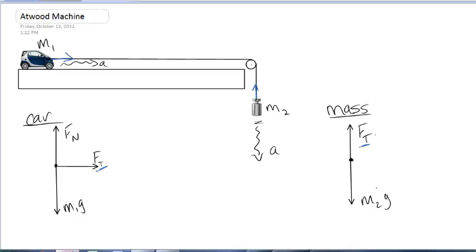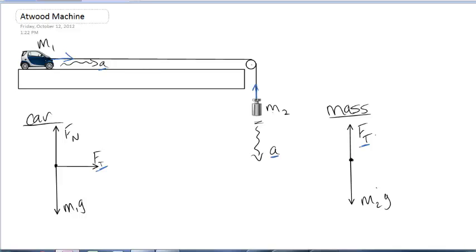So this feels like a pretty complicated situation. We've got 2 different free body diagrams, 2 different masses, 2 different events happening. But consider, since these 2 are fixed to one another, since the distance between them is a fixed value, this acceleration is exactly the same as the acceleration of the car.